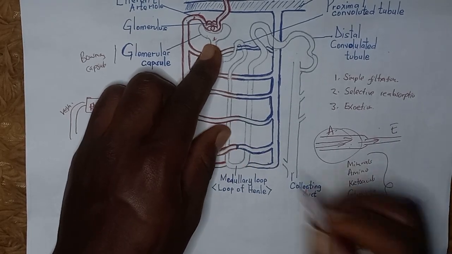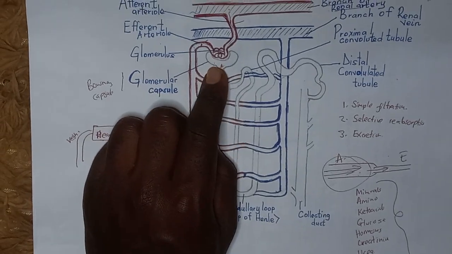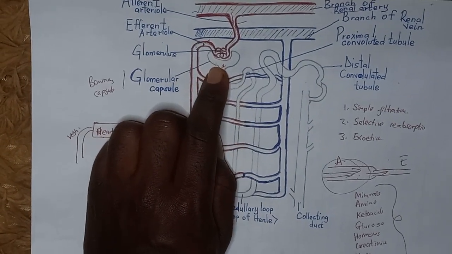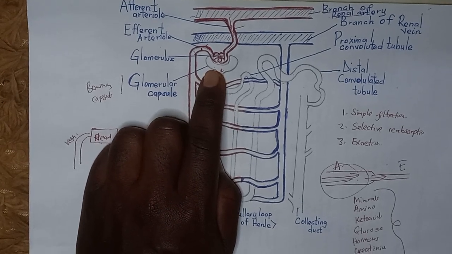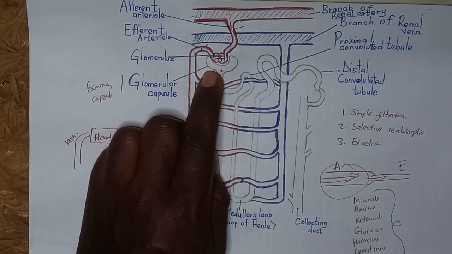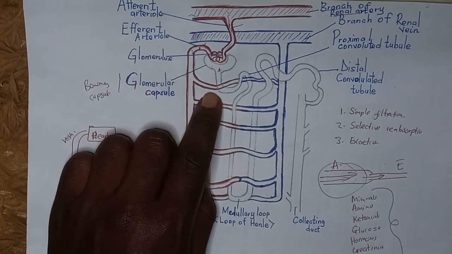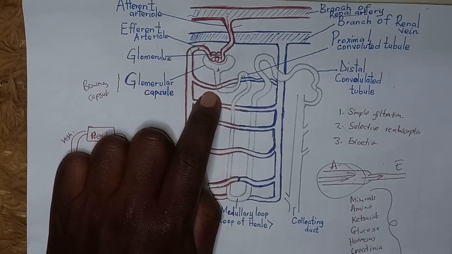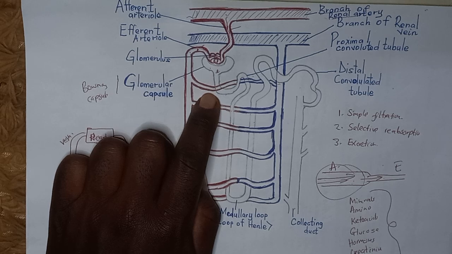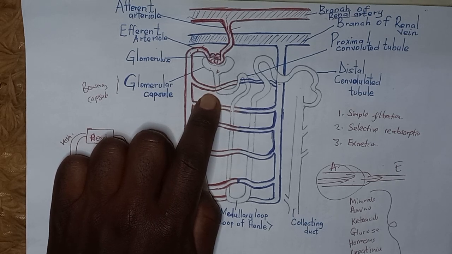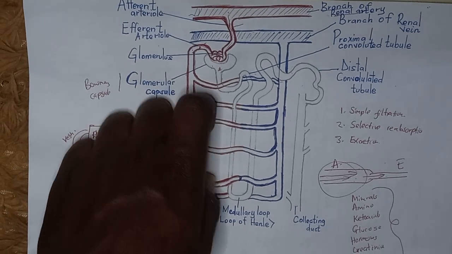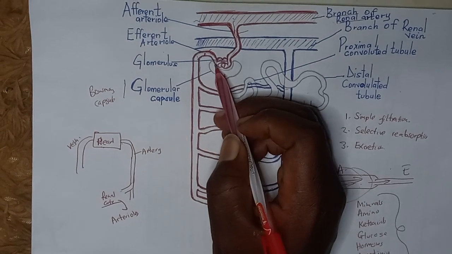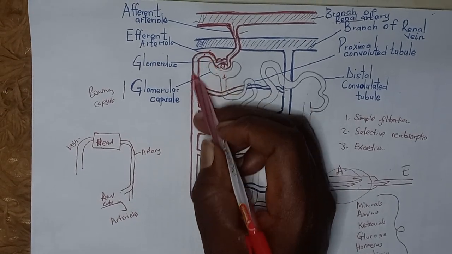These substances that pass through here are very small, so they pass through the membrane by ultrafiltration. The ones that cannot pass through remain in the blood and continue flowing: the blood plasma proteins and the blood cells. These include the leukocytes, the lymphocytes, and the other blood components.